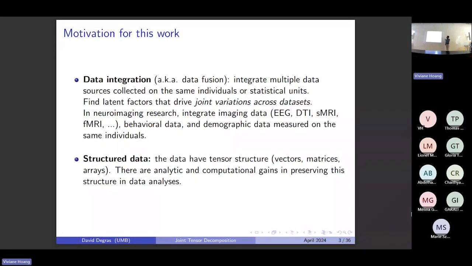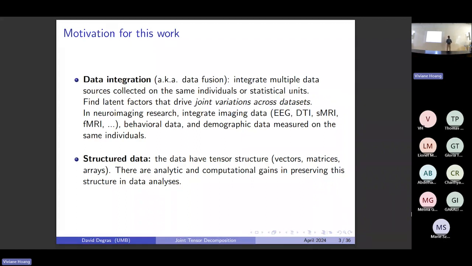All right. So I was saying, two things for this work. One is the integration of multiple data sources. I'm very interested in neuroimaging. So imagine you have multiple imaging analyses on subjects. It could be EEG, diffusion tensor imaging, structural and functional magnetic resonance images.